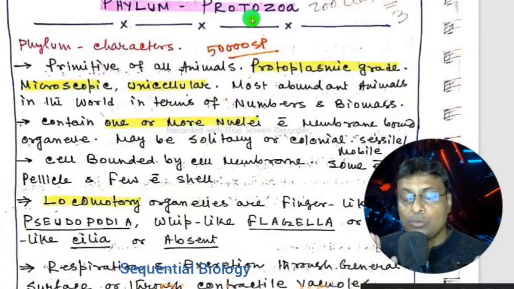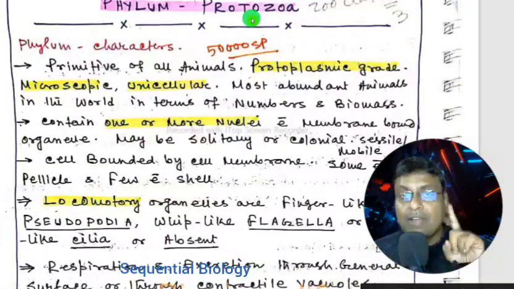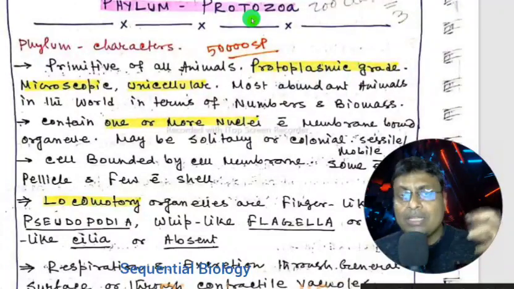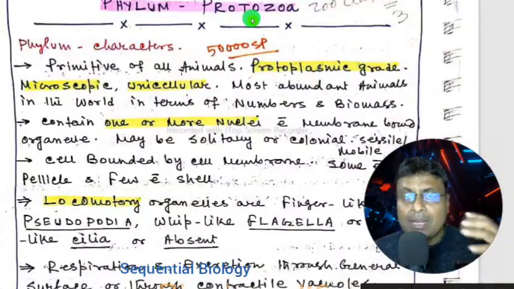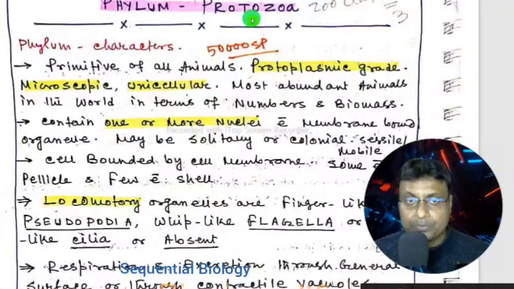They are unicellular eukaryotes, and these unicellular eukaryotes have a single phylum, which is known as Protozoa. So here we will discuss this phylum's characters and also the division of this phylum.